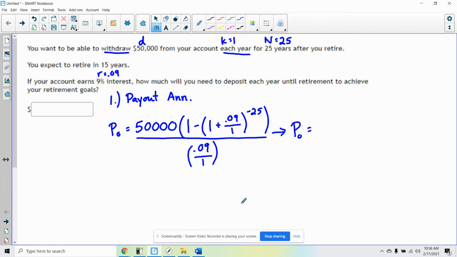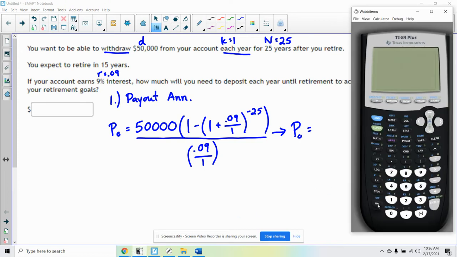Let me do that real quick in the calculator. So I have 0.09 divided by 1, which is just 0.09, plus 1. I'm going to raise that to the negative 25. So that's 1 minus my answer. That's the whole top except for the 50,000, so I'll multiply by 50,000.